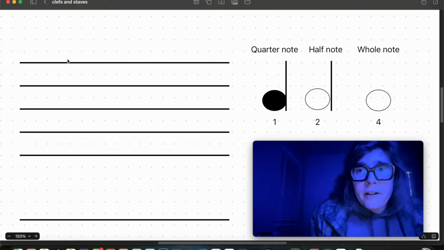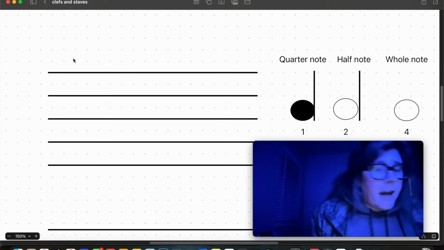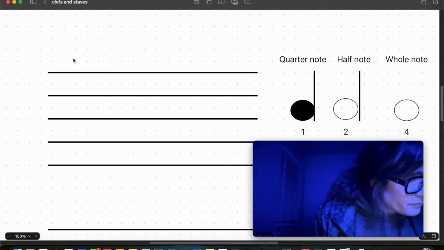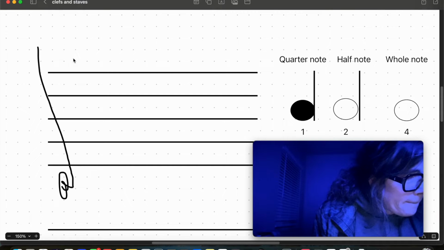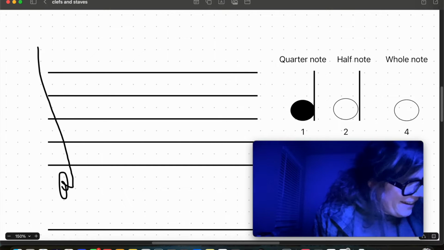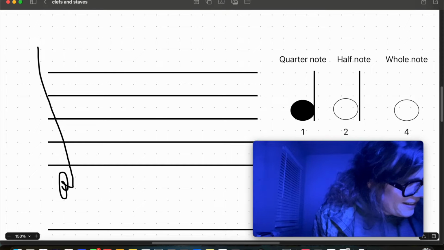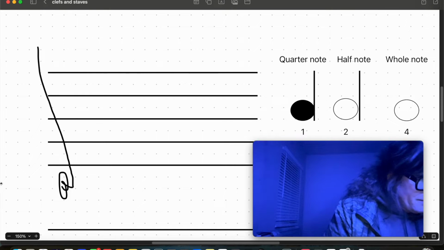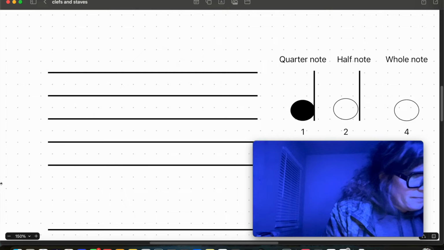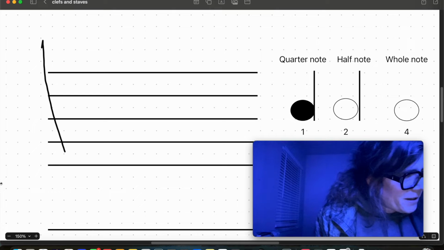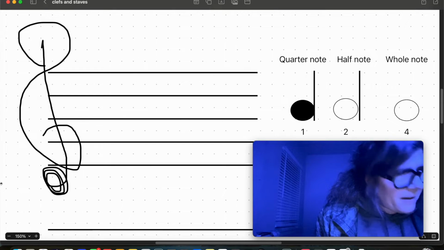So if I go over here to my staff, let's just draw the treble clef again. Let's do it again. Okay. I have calluses on my fingers, so sometimes. Okay.